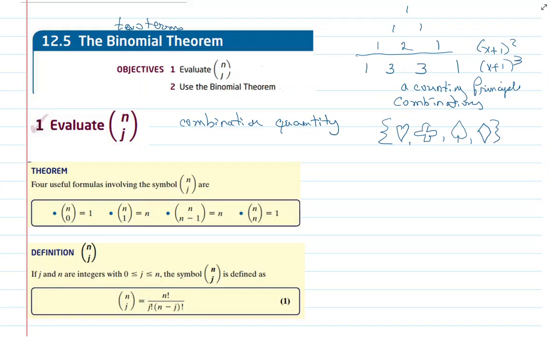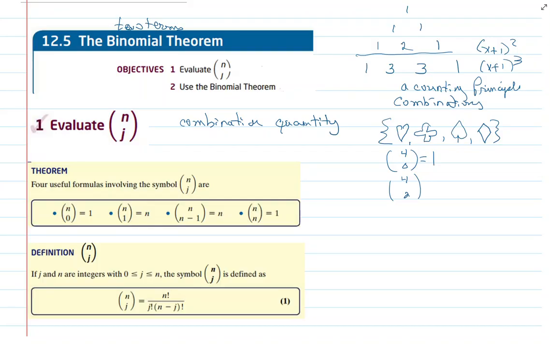So if I had 4 and none, I would have 1 that I could do, none. And then if I had 4 out of 2 of them used, the second part, well, then I would have that quantity of how many 2s I could have. I could have heart and club, heart and spade, heart and so on. I'd have 6. All right, and so on and so on.